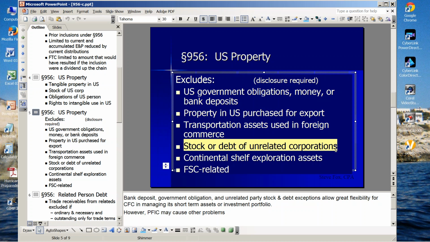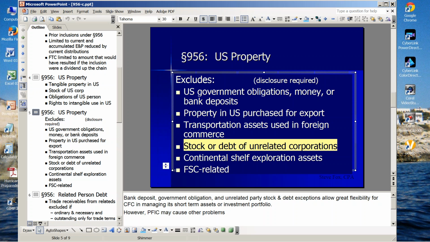This stock or debt of unrelated corporations is really kind of the key focus of these exceptions. If it's a related corporation, then it's 956 property. It's investment in U.S. property. But if it's an unrelated corporation, then it's not.